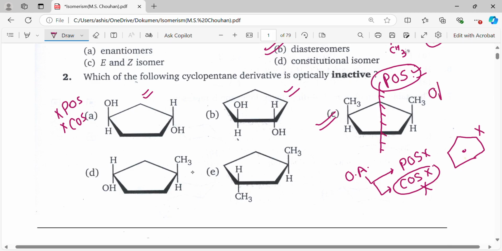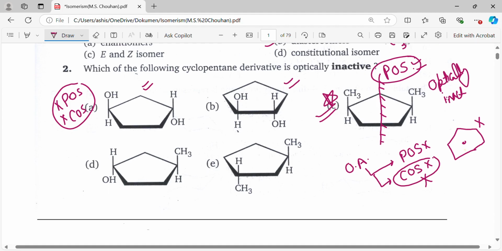That's why this compound will be optically inactive. In all the options A, B, D and E, POS and COS both are absent, but only in option C the plane of symmetry is present. That's why our answer will be C. C will be optically inactive.